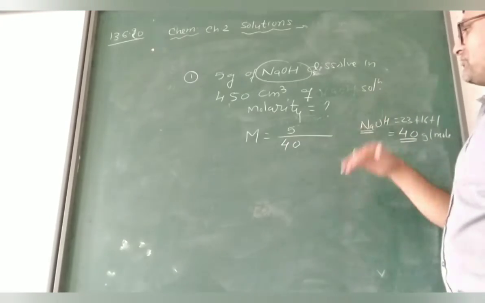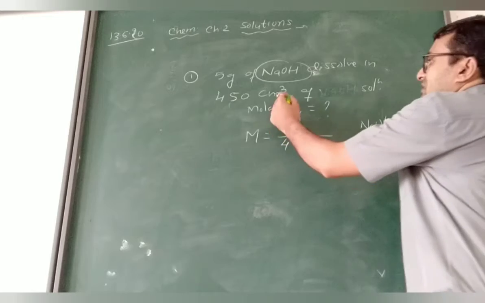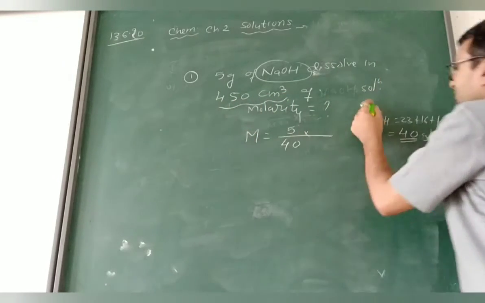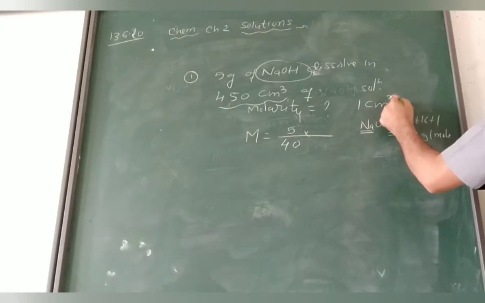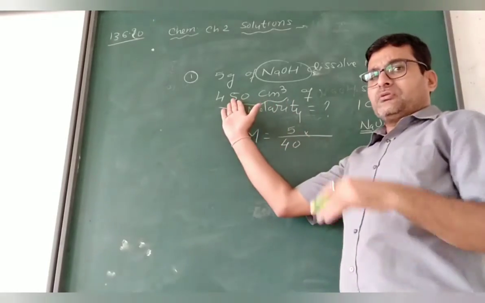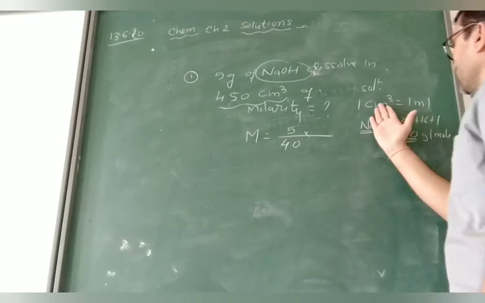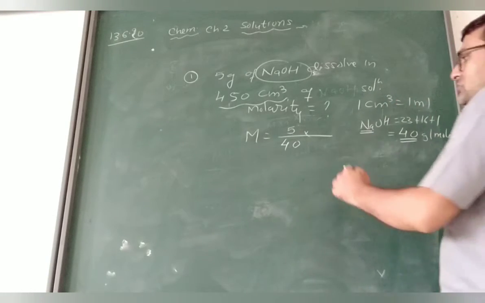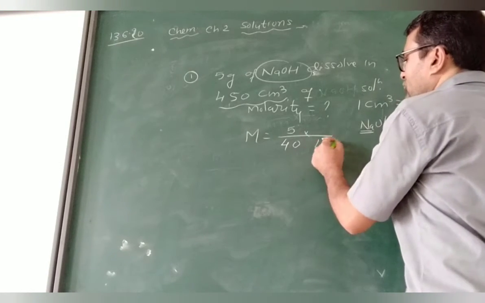Now divided by volume. Volume is given in centimeter cube. Since we know 1 centimeter cube equals 1 ml, that means we need to convert into liter. So here we'll divide by 1000.